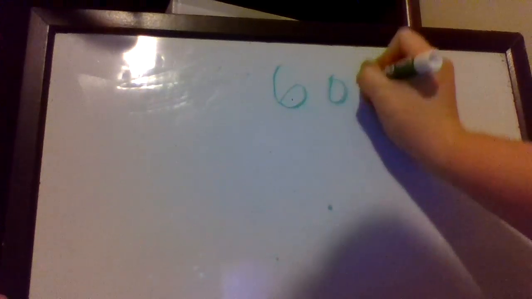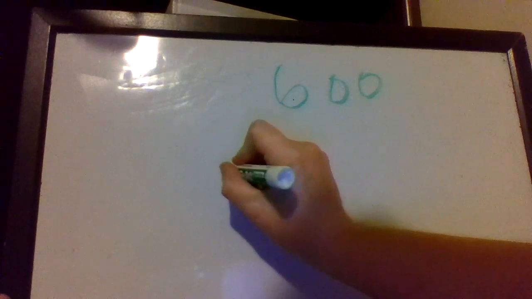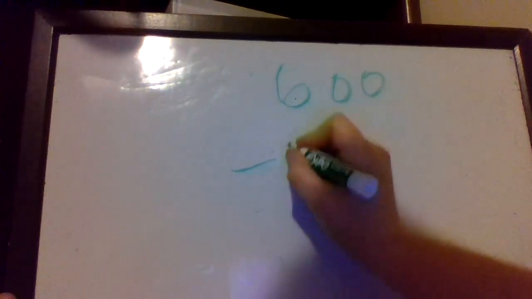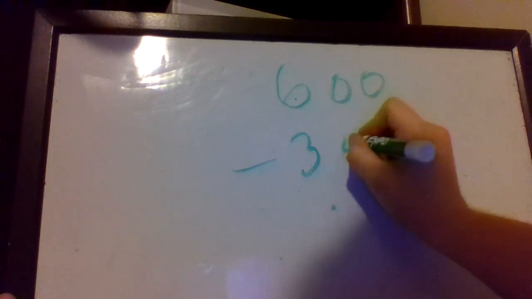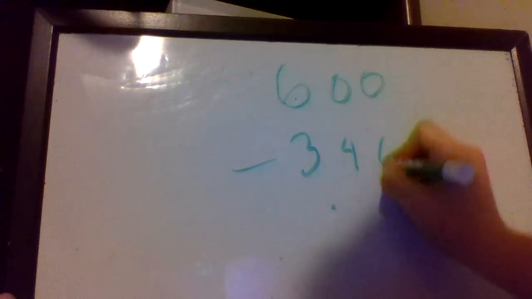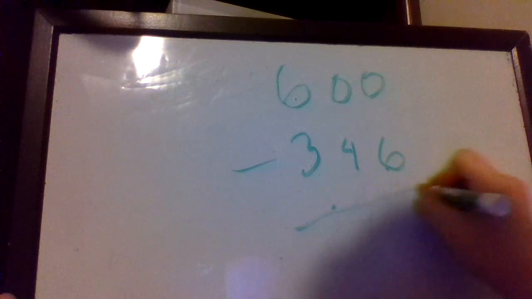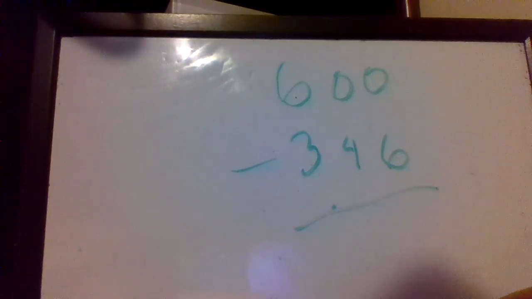Now, let's go to 2 zeros. So instead of 60, we've got 600 minus 346. So, alright.